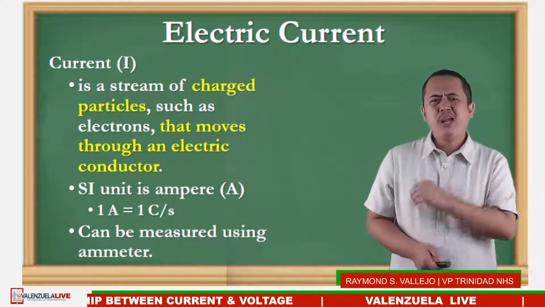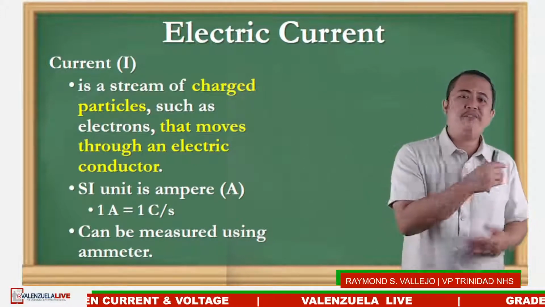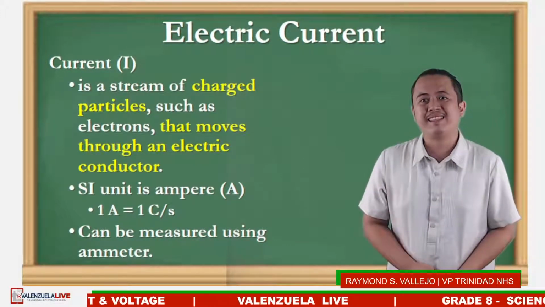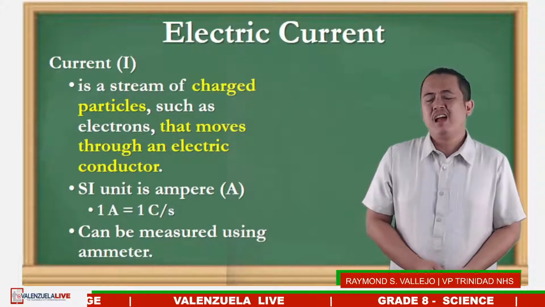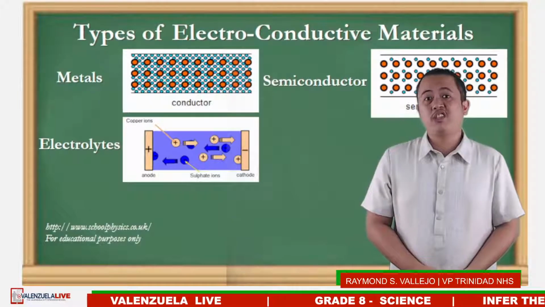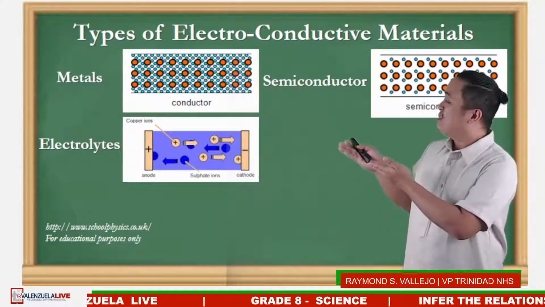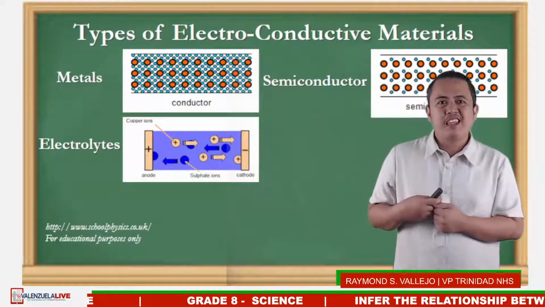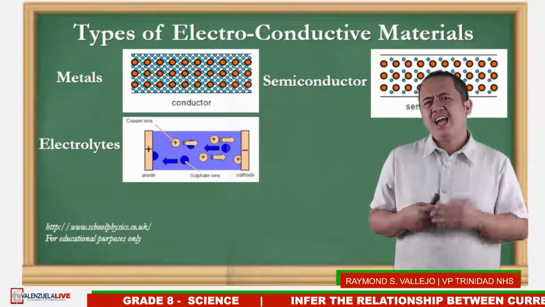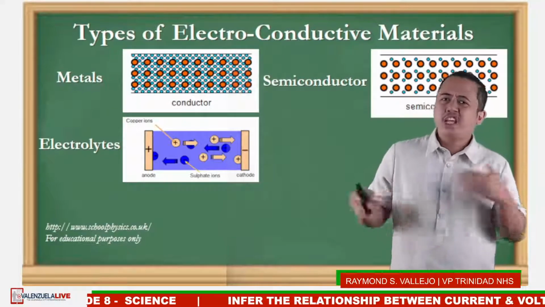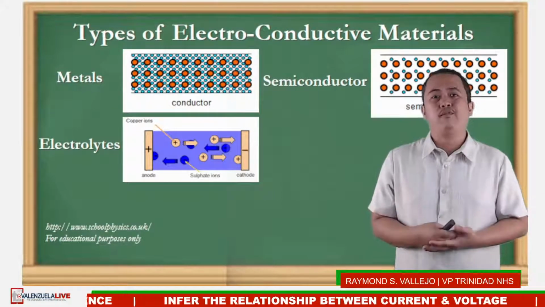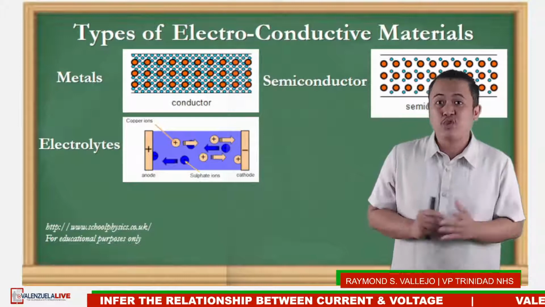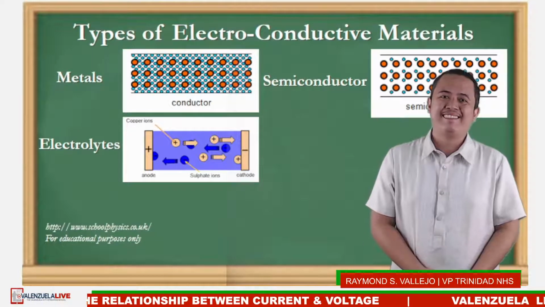Now, how can we describe the flow of electric current in a system? Recall that electric charge is being carried by atoms that contain protons and electrons. In an electro-conductive material, these charged particles move depending on the nature of the material.